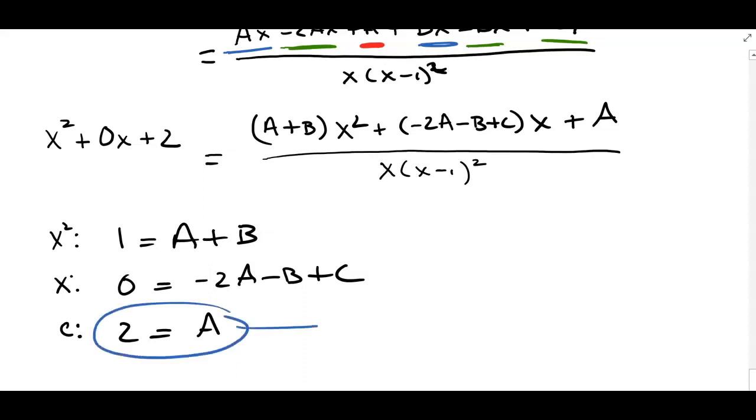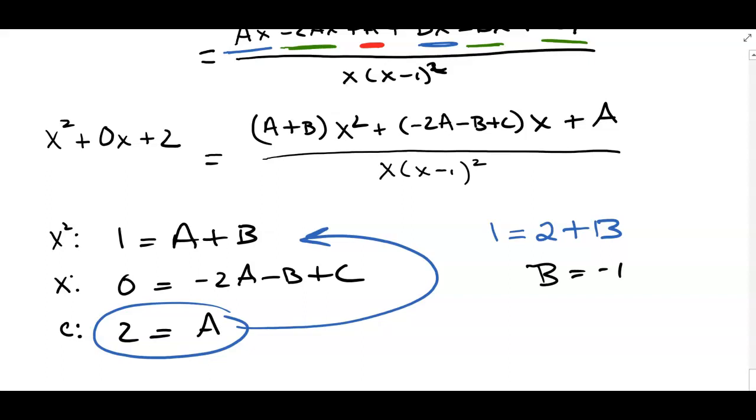Well, since I know A is 2, I can pop A up there. So 1 equals 2 plus B. So then B is negative 1. Once I have A and B, I can just plug it into that third equation.